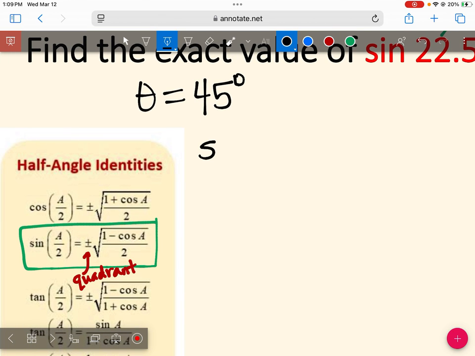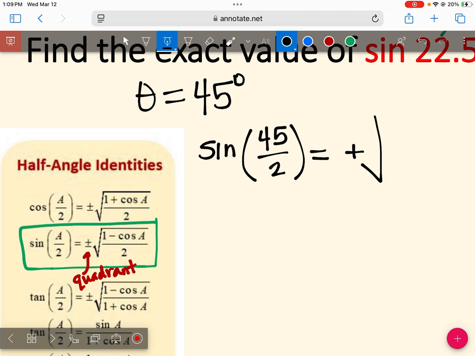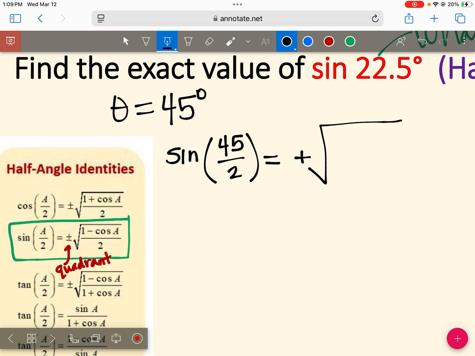So we're going to figure out the sine of 45 divided by 2, because 45 divided by 2 is the same as 22.5. That equals a positive, take the square root, make your fraction. It says 1 minus the cosine of the angle. And the angle we're using, again, is 45. And that's all divided by 2.